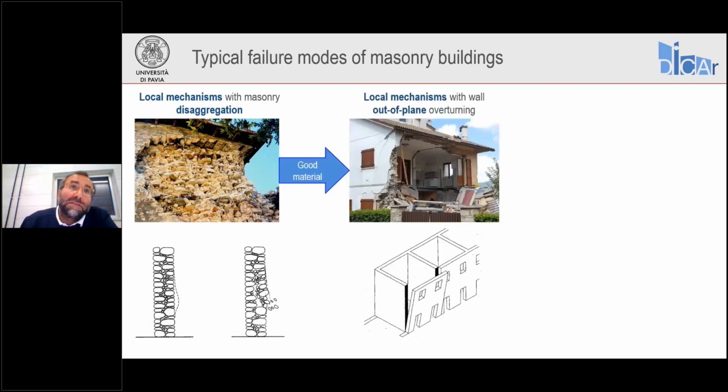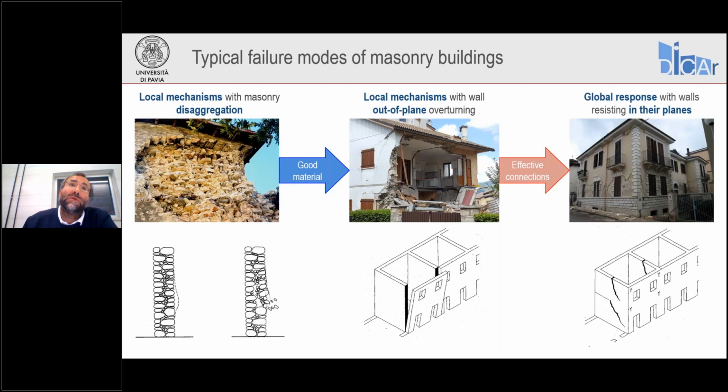If the materials, however, are good enough, then what we typically have found is that local overturning mechanisms develop. That is, walls tend to overturn out of their planes. And this is probably one of the most common sources of vulnerability of masonry buildings.